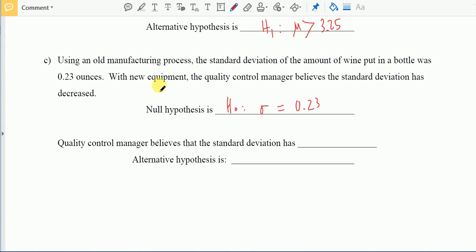Now, with the new equipment, the manager believes that this has decreased, or is less than. So the keyword here is decrease, the left-tail test, and the alternative hypothesis is that the value should be less than the given existing data.